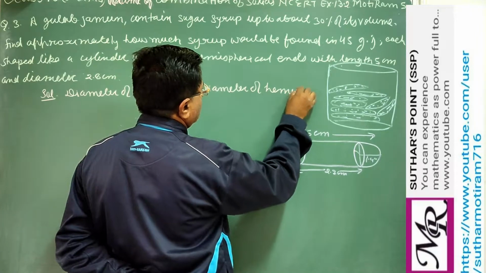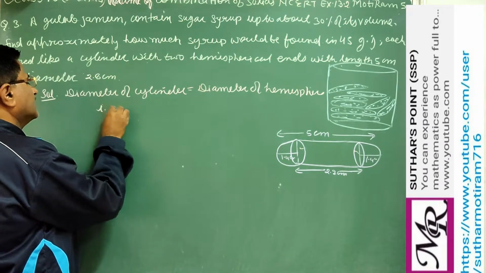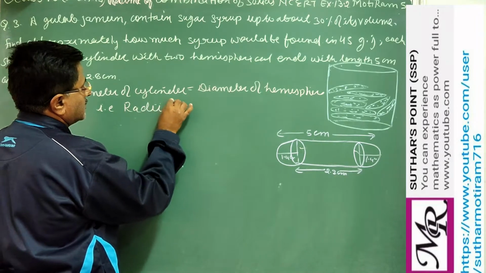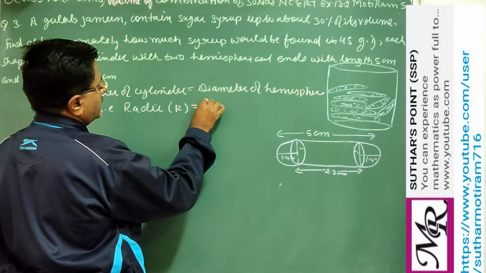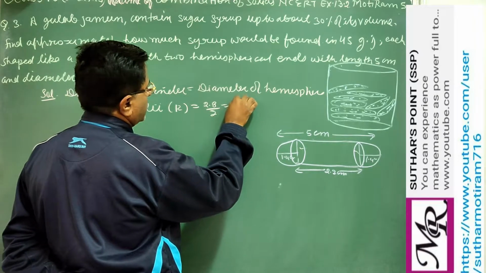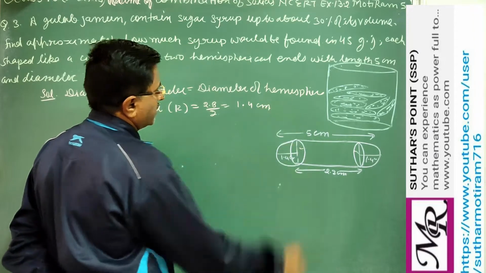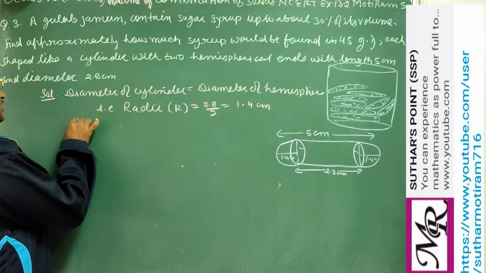Here both are equal. So diameter equal, that is the radii are equal. So radii, that is r, and diameter is given as 2.8. So radii will be 2.8 divided by 2, that is 1.4 centimeter. So we get the radius. Also we are given length.